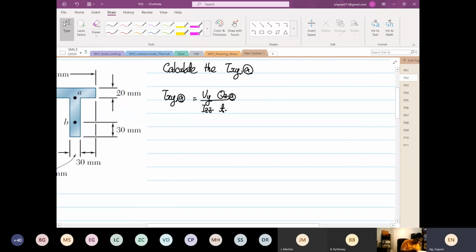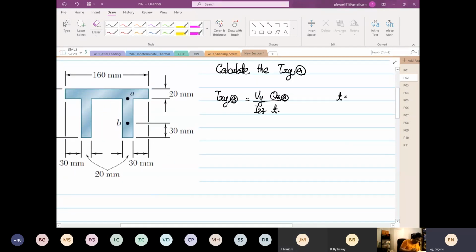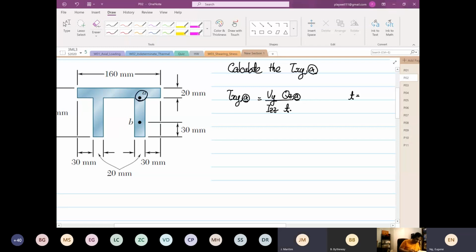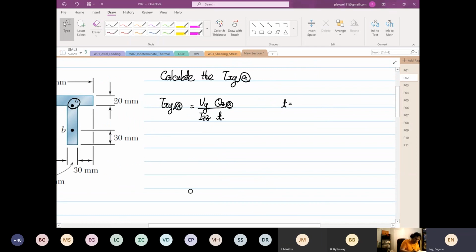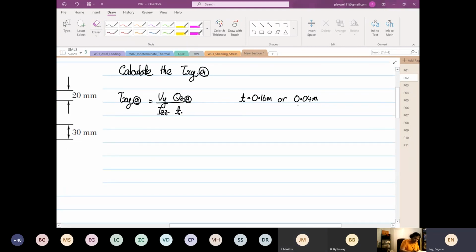If you look at point A, you realize that this is in the intersection. The thickness can be equal to 0.16 meter, or can be equal to what? 0.04 meter.